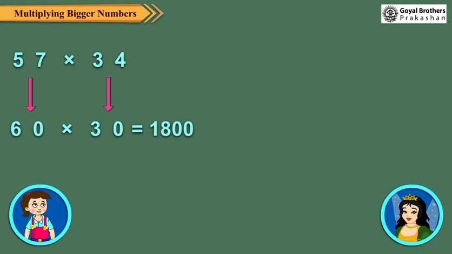The product of 60 and 30 is 1800. So the estimated product of 57 multiplied by 34 is equal to 1800.